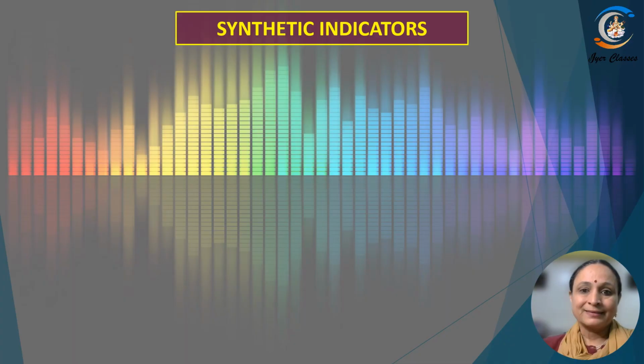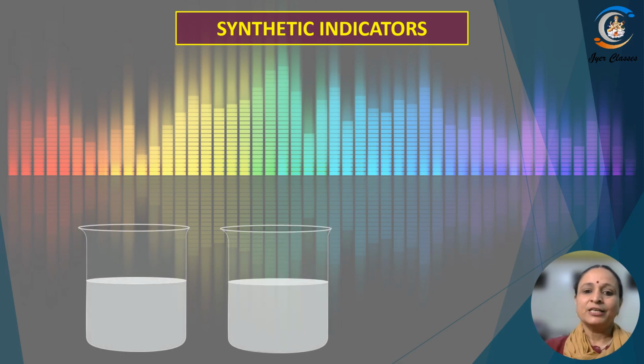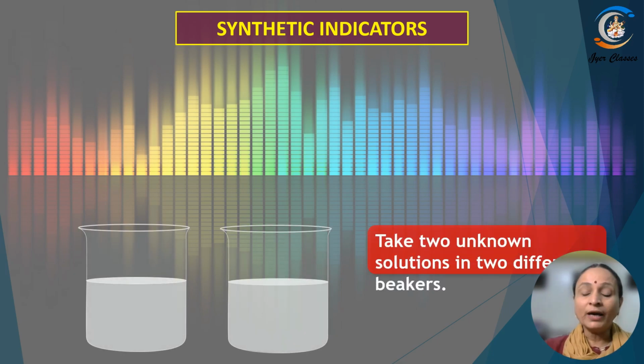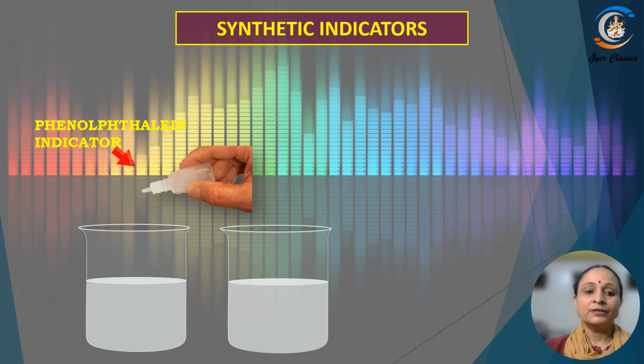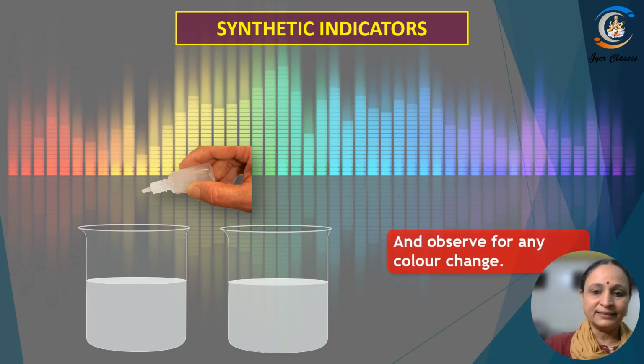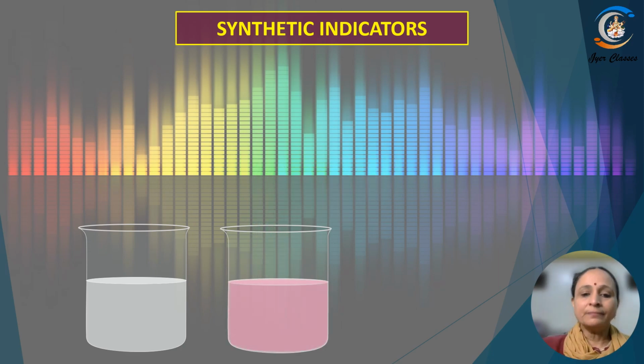Now, synthetic indicators are artificially prepared, right? So you take two unknown solutions in two different beakers and you put in phenolphthalein indicator. Phenolphthalein is taken in a drop and you add it to both of the beakers and mix them.